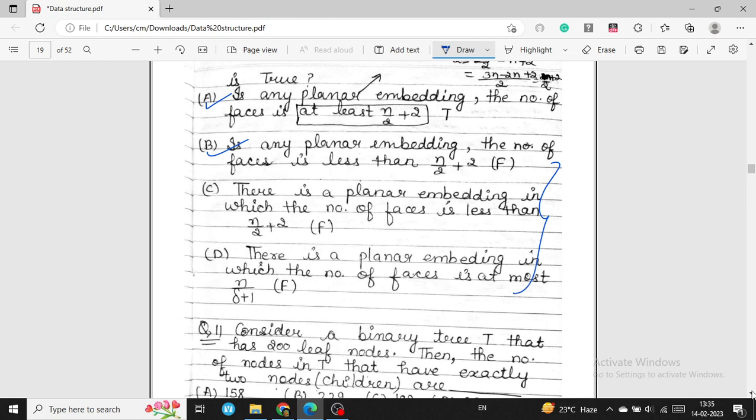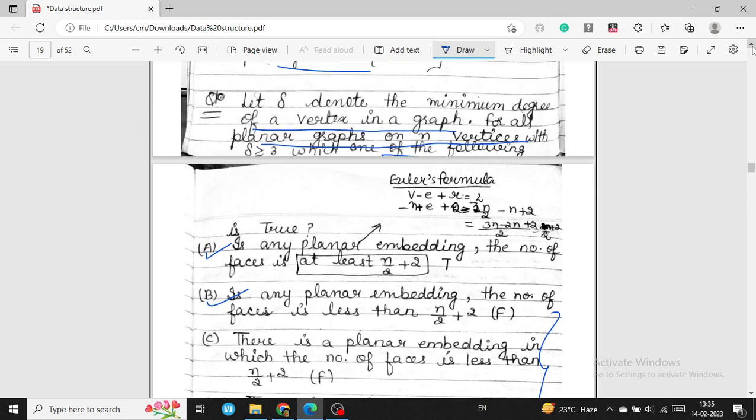All these statements are wrong. The reason is that in the first statement, we have: in any planar embedding the number of faces is at least n by 2 plus 2.